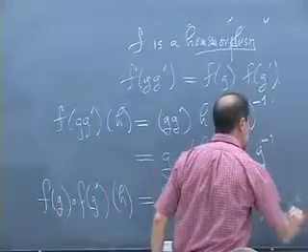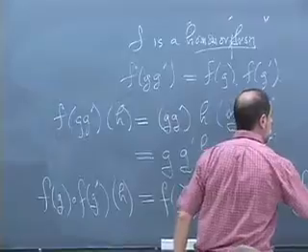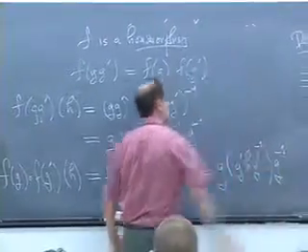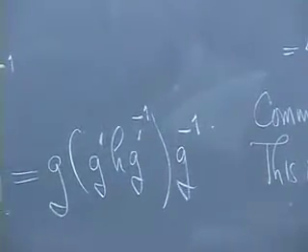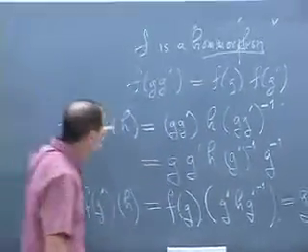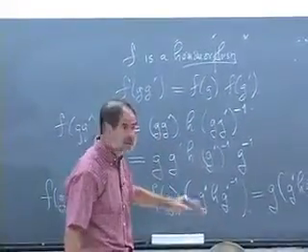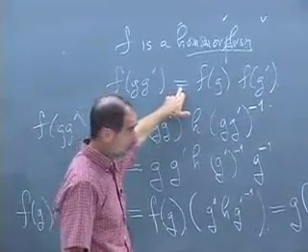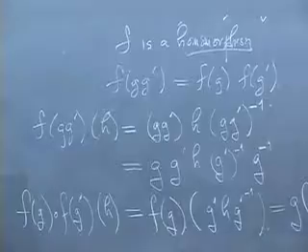So I get g g' H g' inverse g inverse. And if you look at what this does to H and what this does to H, they do the same thing for every H. Therefore, they are the same automorphism. So this is equality in the automorphism group of G, and that's why this map is a homomorphism.